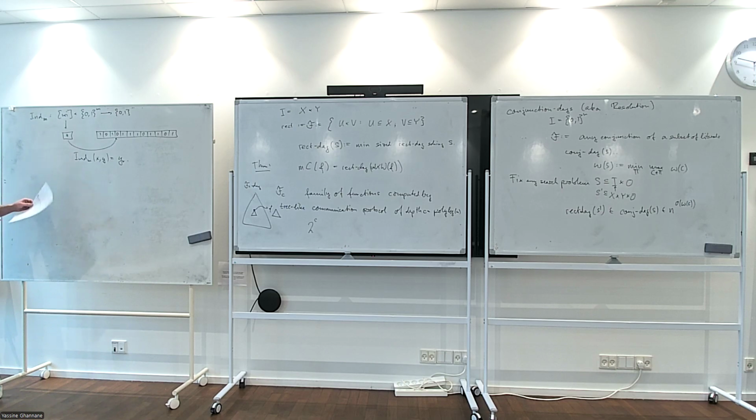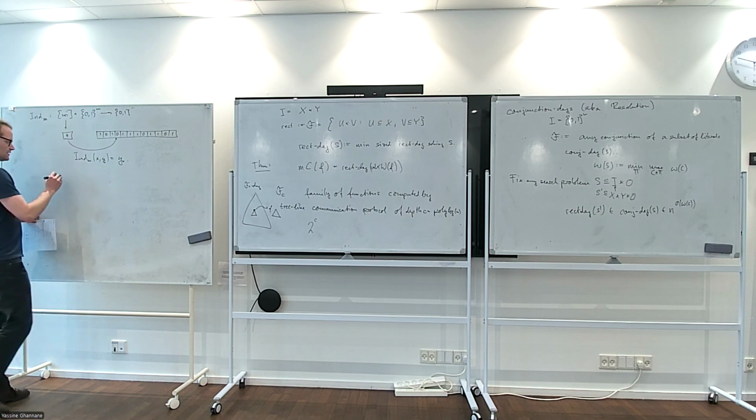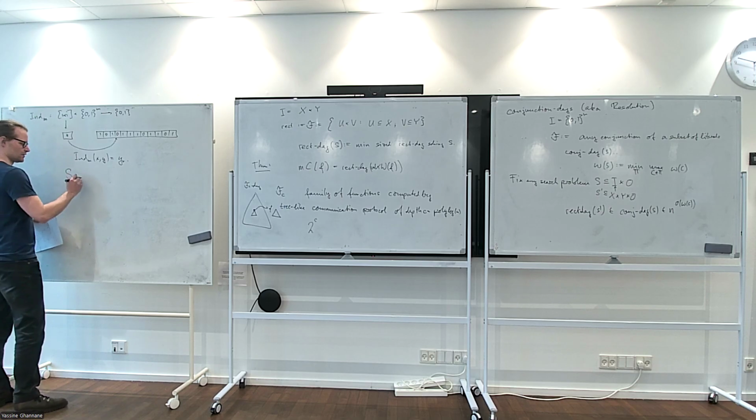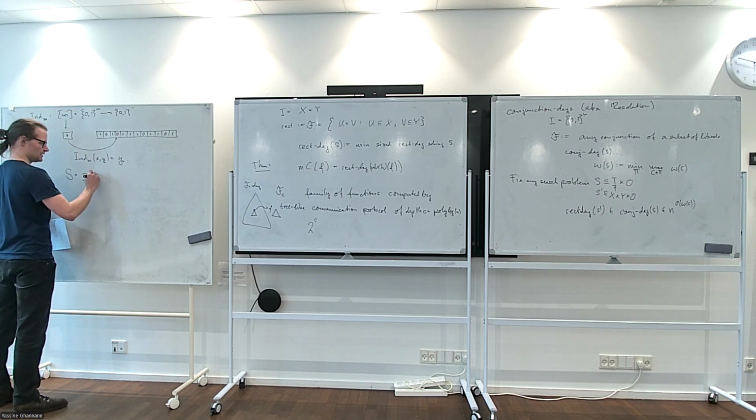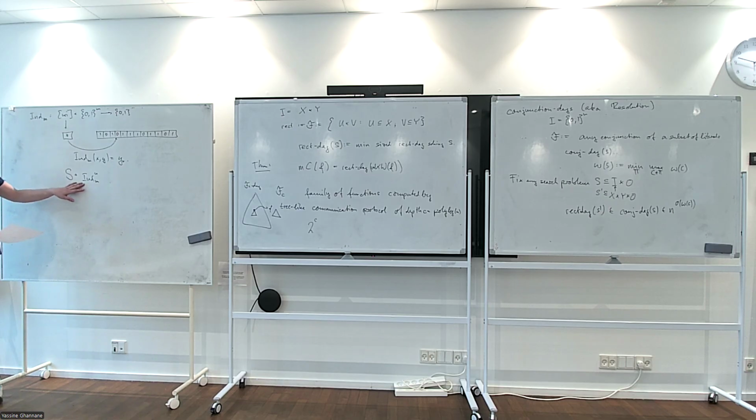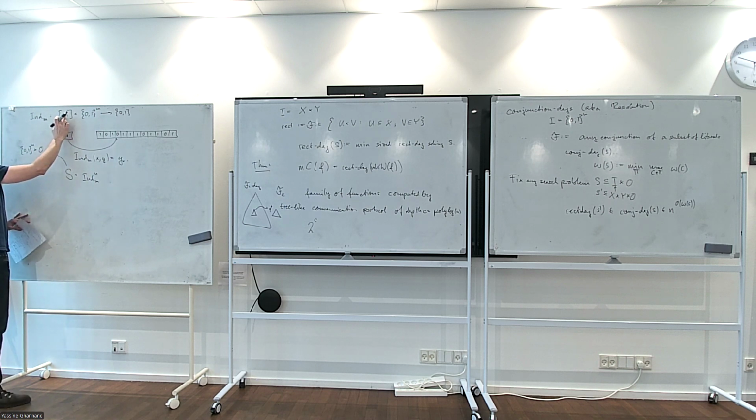Very good. And I need to tell you what it means to actually compose a search problem with the indexing gadget. If we have a search problem S composed with the indexing gadget, what I mean by this is that before, our S had an input domain of {0,1}^n and an output. Now the indexing gadget is defined over n times {0,1}^n, because I have n copies of it, and each one of these copies will replace one of the original variables.